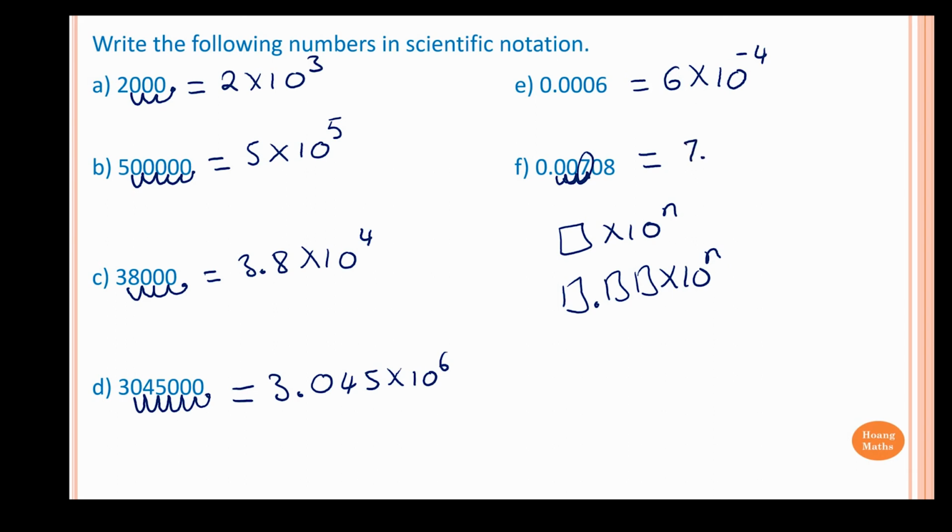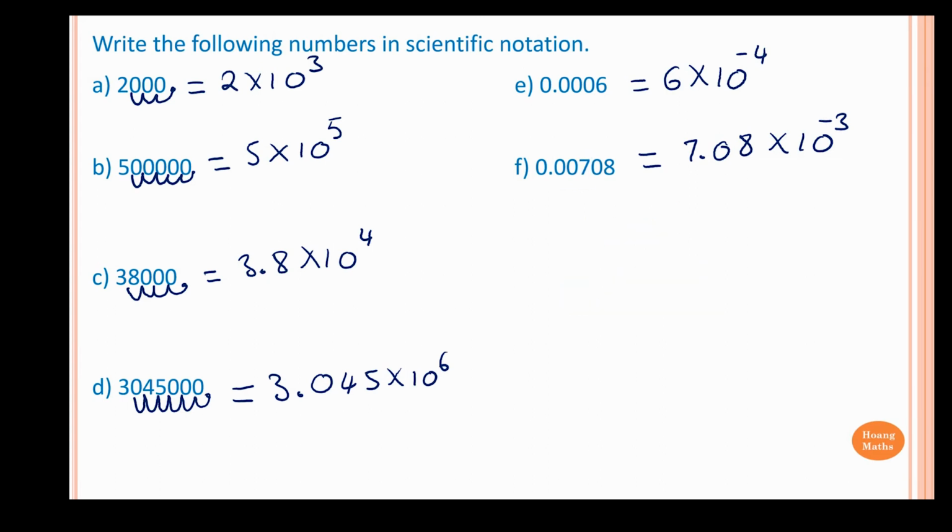So 7.08 times 10 to the 1, 2, 3. But don't forget, because it's less than 1, it's a negative index. So minus 3. 0.00346. Again, we move the decimal to the right.